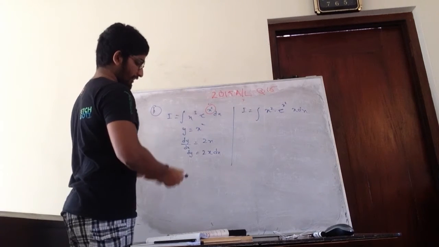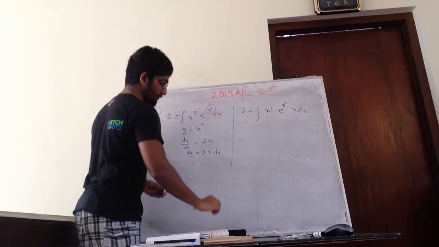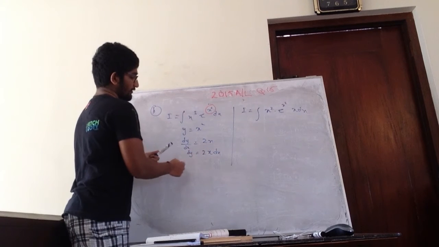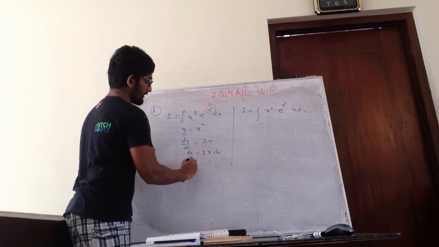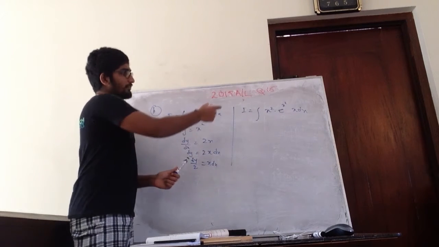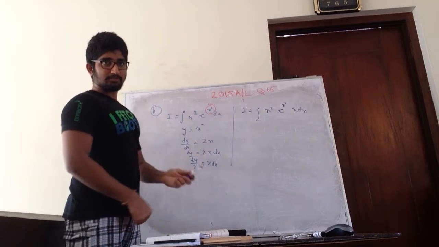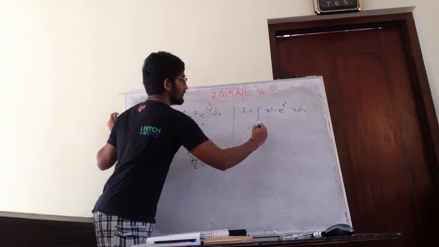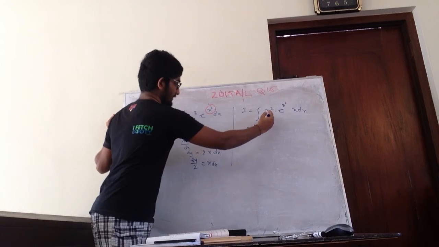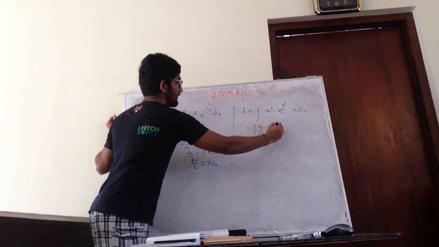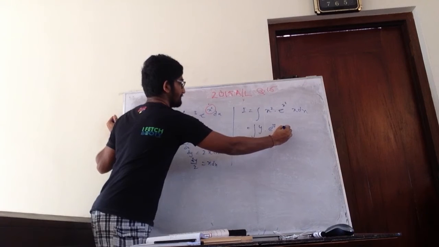So what I'm going to do is substitute this part, which I can actually write as dy over 2 equals x dx. So I can substitute everything by y now. So the integration: x squared is going to be y, e to the y, and this is going to be dy over 2.